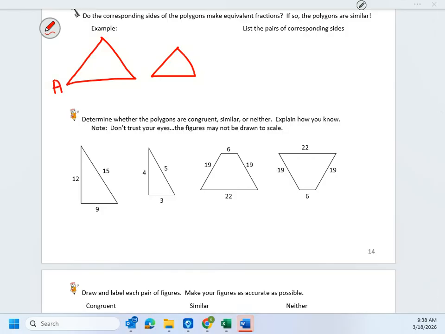So we have A, B, C, X, Y, Z. Then we have, remember, those arcs that show congruent. A is congruent with X, B is congruent with Y, C is congruent with Z. Okay, so we know their angles are the same, but their size is different. Does that difference in size, is it proportional?